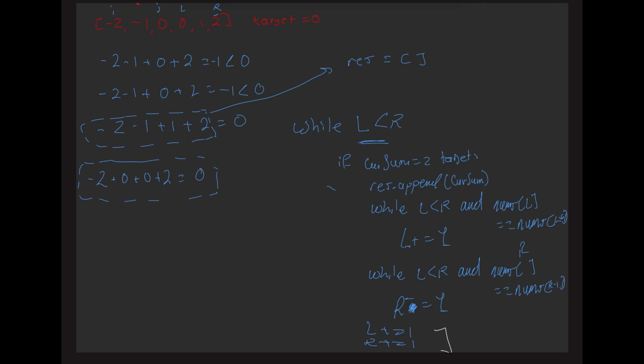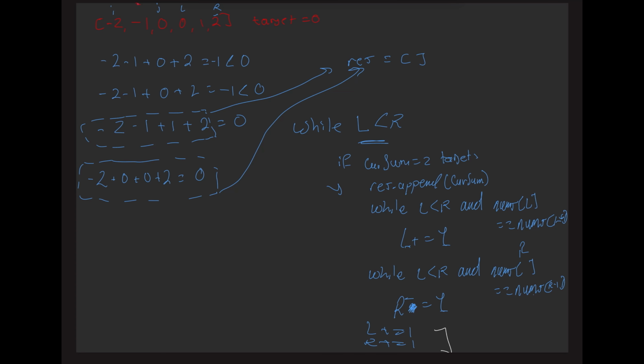We're going to come into a case where we are here now. So we're going to append this guy into the result array. And we're going to say, while left is less than right and nums of L is equal to the next one, if we run into a case where they are equal, we want to increment our left pointer. If not, we're just going to skip over this guy, come down to the right guy. If the left pointer is less than the right pointer and the neighboring one right underneath the current right pointer is equal to it, there's a duplicate that we want to decrement, but that's not the case.